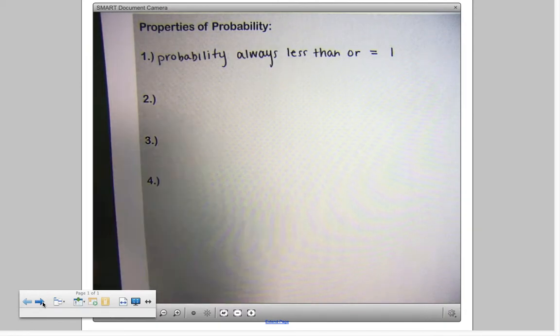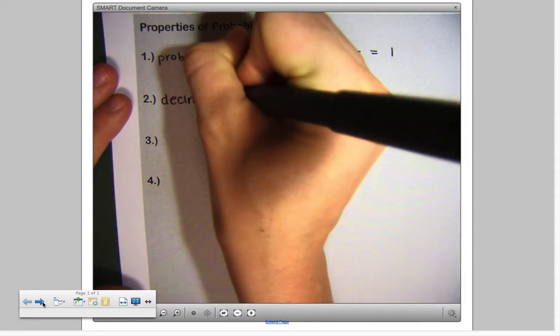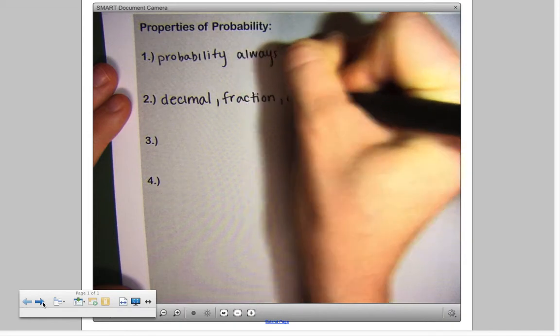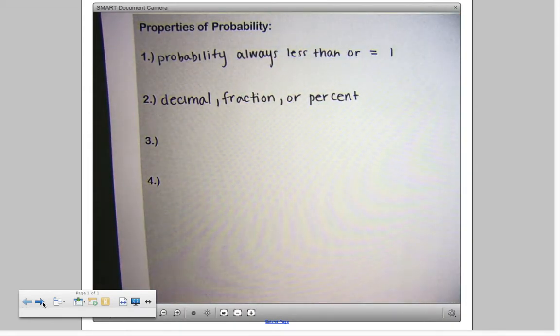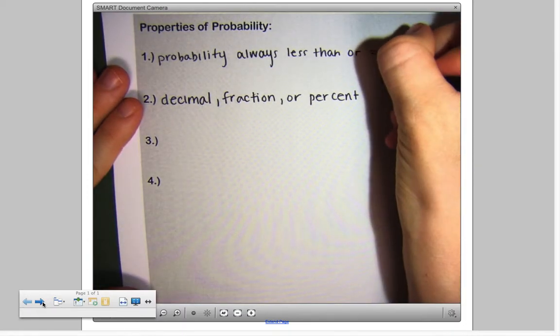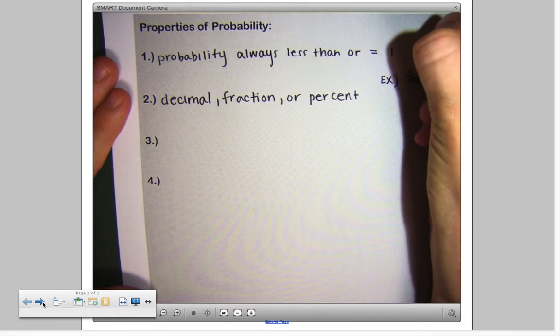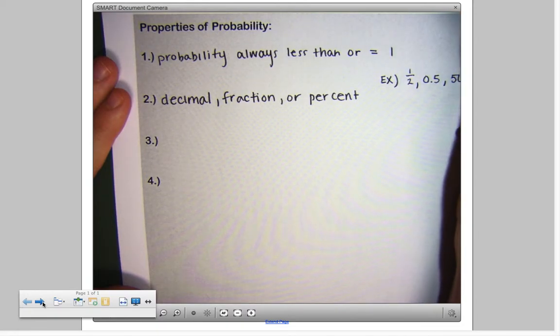Okay, second thing, it's a decimal, fraction, or percent. All three answers are acceptable. So for example, we could write probability as 1/2, 0.5, or 50%.